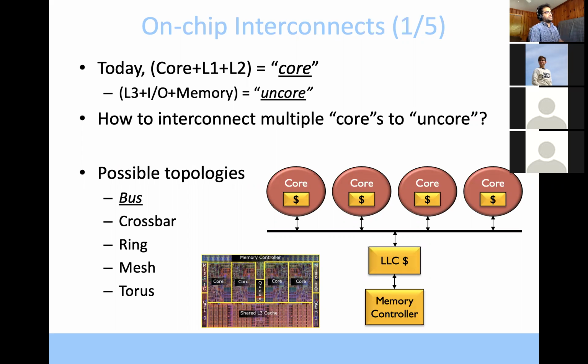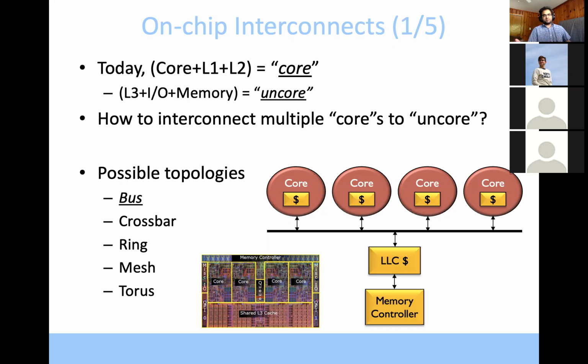So the L3 cache, access to I/O, access to the memory controller, and things like that. These tend to be shared among all cores, and so how do you connect these cores up to the uncore? So we're going to look at a bunch of different topologies very briefly. We're not going to go into too much detail about all of these things, just so that you're aware.